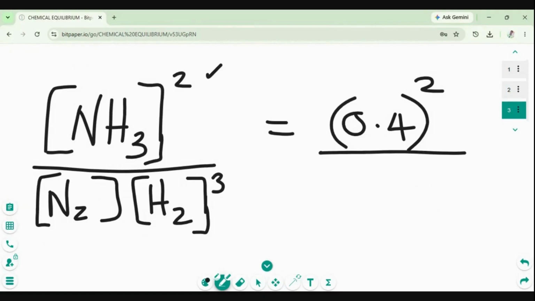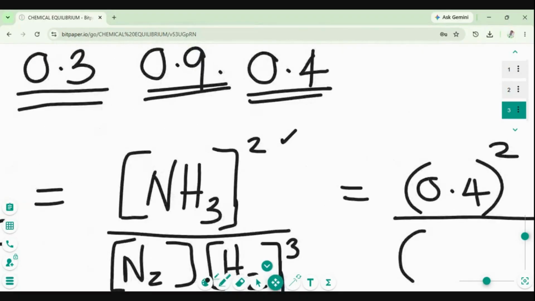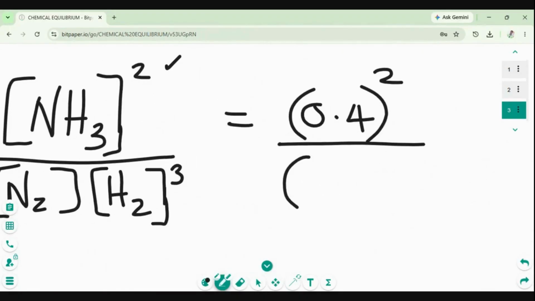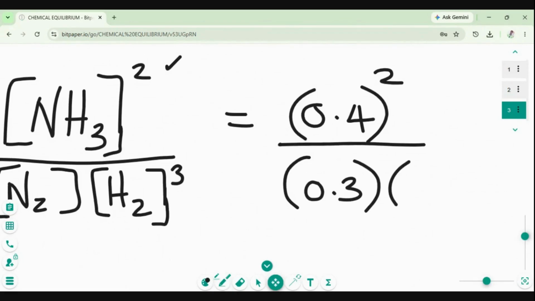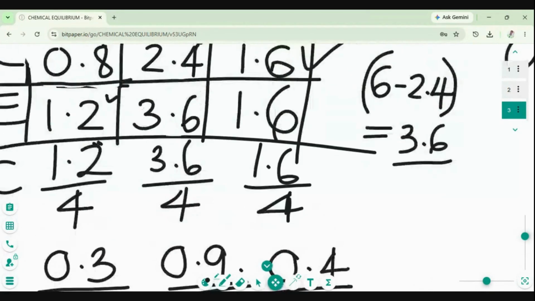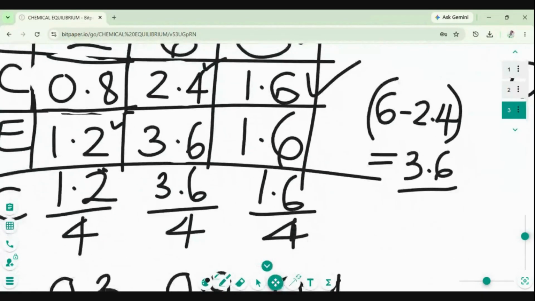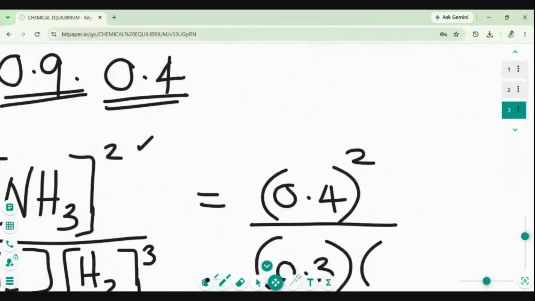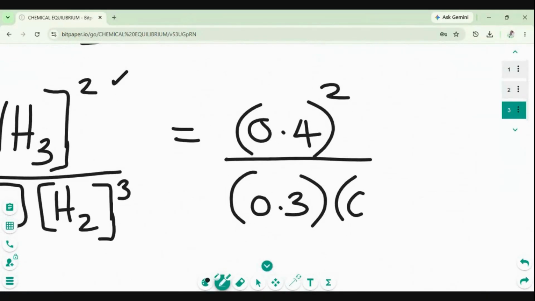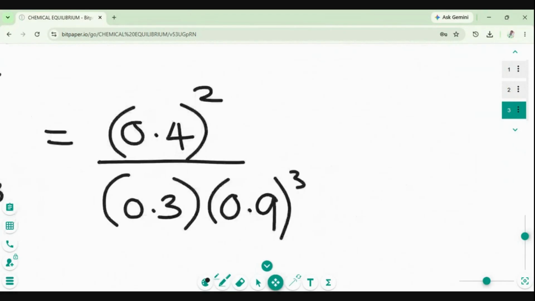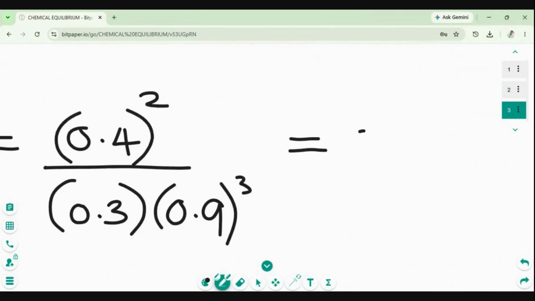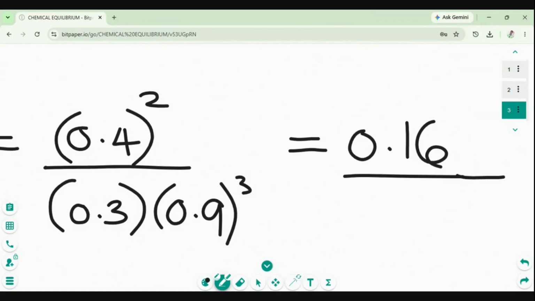This is now mathematics. Divided by, what was the one for nitrogen? It was 0.3 times the one of hydrogen, which is 0.9 cubed. So what does that give? It gives 0.16 divided by what we have down.